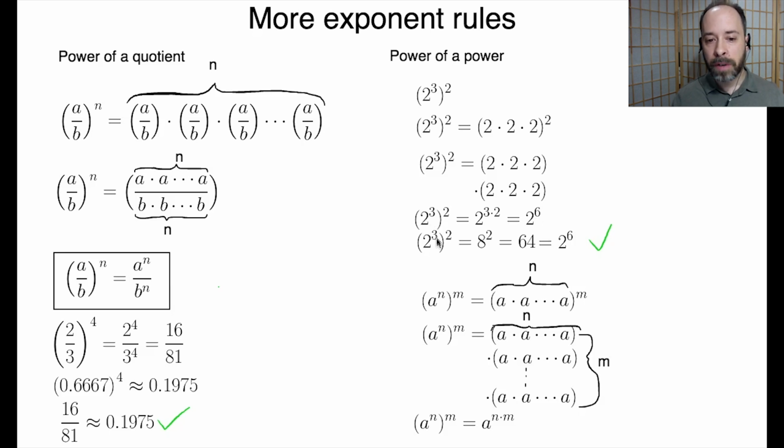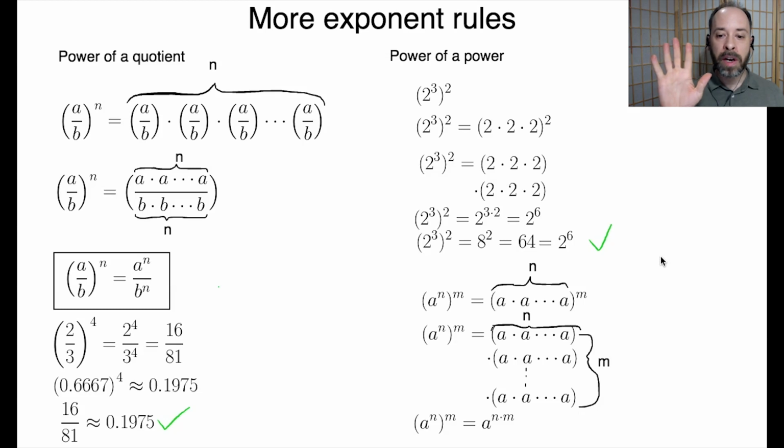So, what we've verified is that 2 to the 3 raised to the 2 is the same thing as 2 to the 3 times 2. That's 2 to the 6th power. Let's verify that. If we do it the easy way, we do 2 to the 3, that's 8. 8 raised to the 2, that's 8 times 8. 8 times 8 is 64. 2 to the 6, what's that? 2 times 2, 4. 4 times 2, 8. 8 times 2, 16. 16 times 2 is 32.